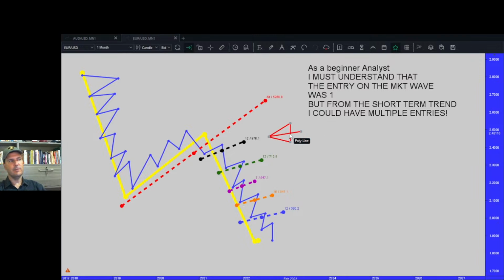We tend to believe that the red entry is the same as the black entry, the green entry, the violet entry, the orange entry, and the blue. Make sense?